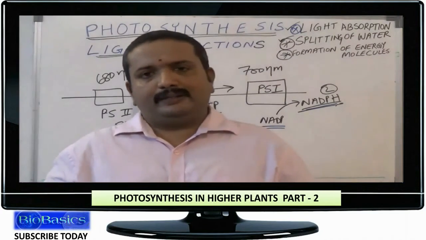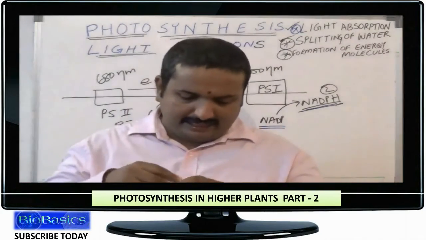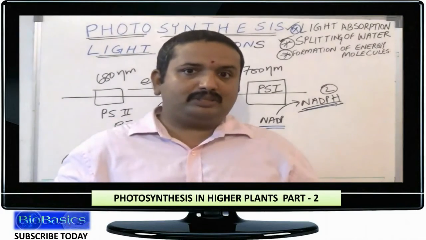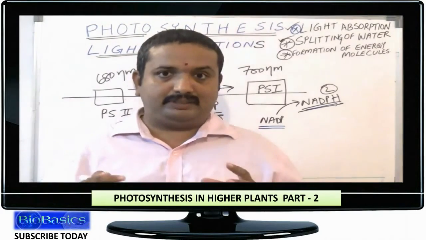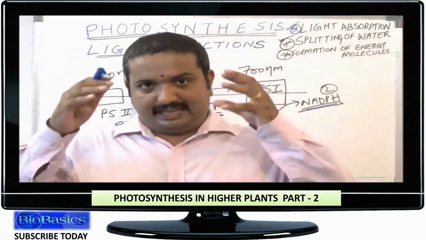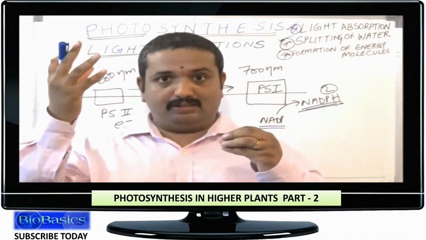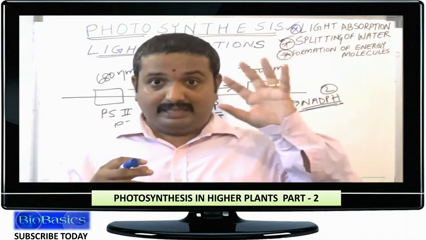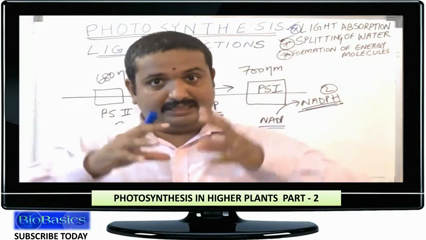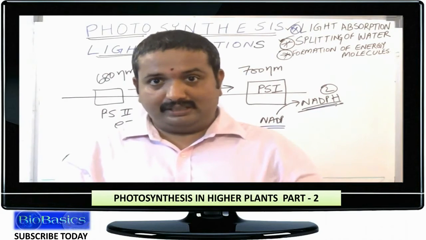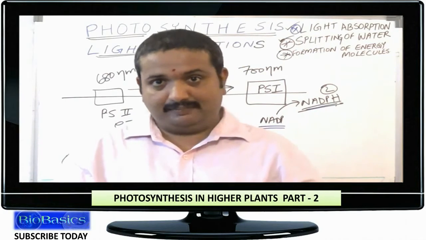Now, understand one thing very, very clearly. It is not absolutely necessary that at all times light at a wavelength of both 680 nanometers and 700 nanometers falls simultaneously on a particular plant cell. It is not necessary.